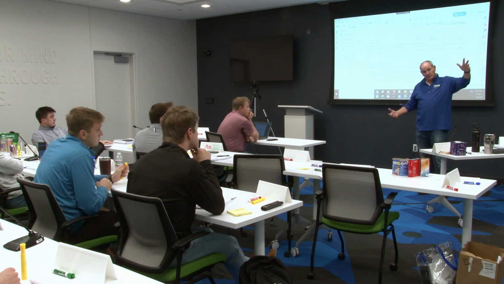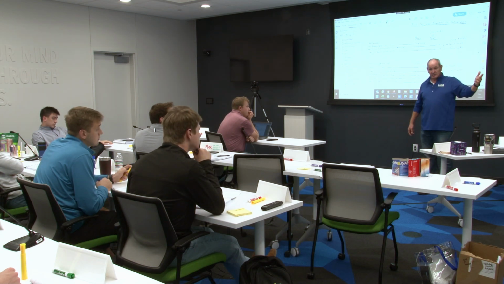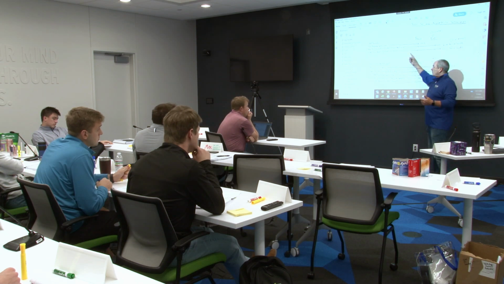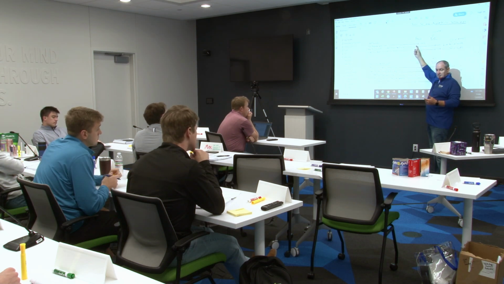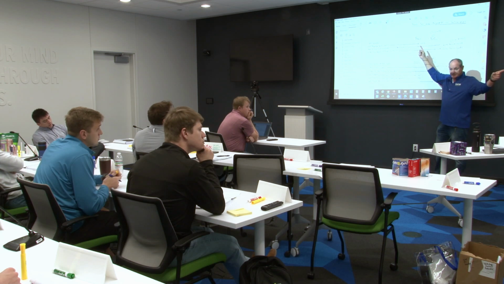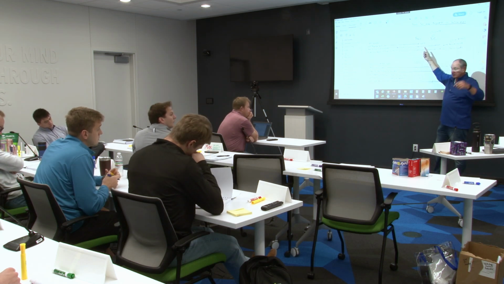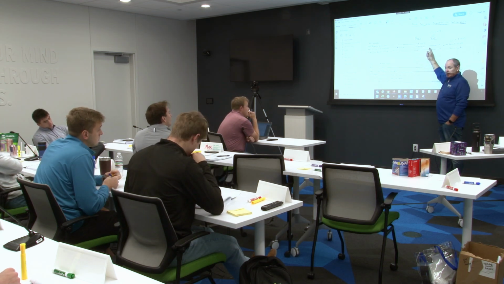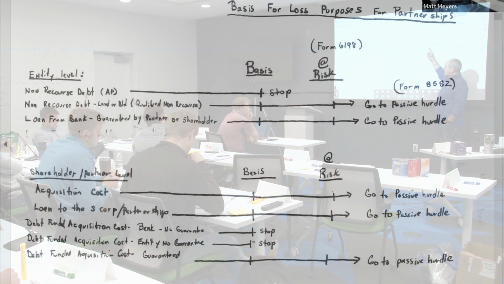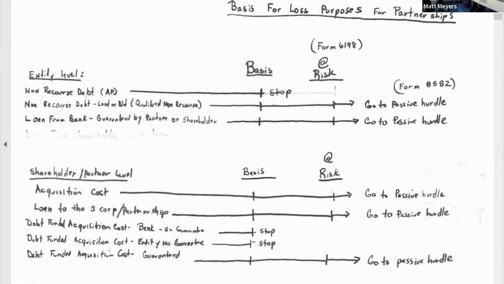Then we say, wait a minute, now we have to get over the second hurdle. Non-recourse debt doesn't get us any further than that first basis hurdle. Do we have any recourse debt or qualified non-recourse debt or guarantees? The answer is no. So we trip up at the first hurdle and the $100,000 gets lost.